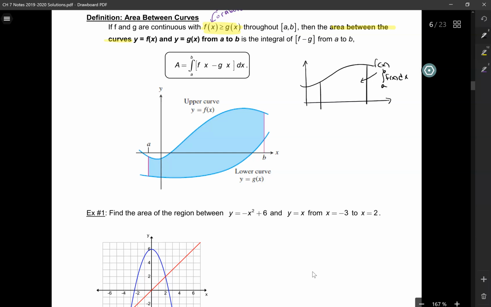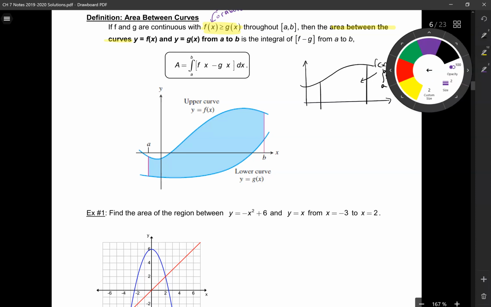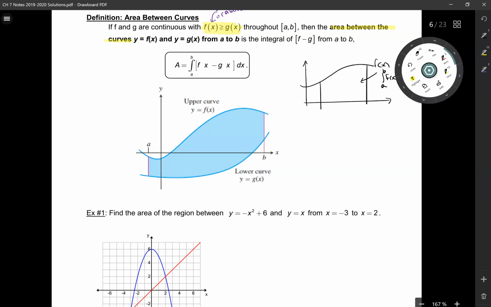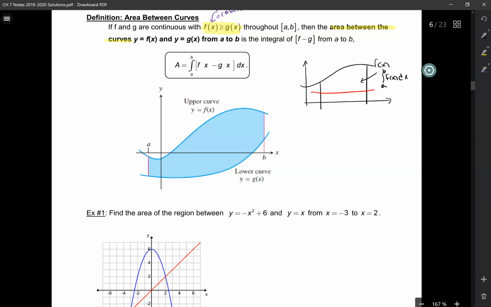Now, suppose I had another function, g of x. How would I find the area underneath g of x? Well, that's the integral of g of x dx from a to b.